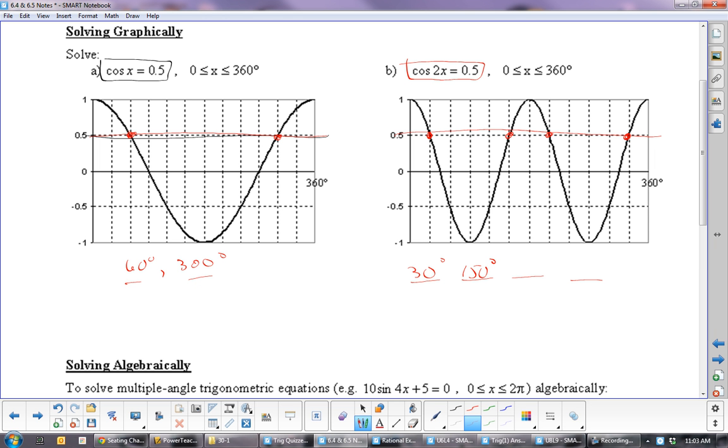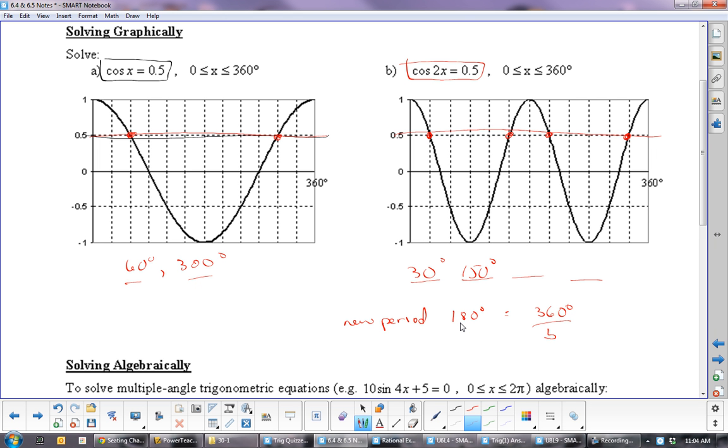Now, what's the new period? How often does it repeat? Every 180 degrees. And that's done by 360 degrees over b. Period equals 360 over b, right?